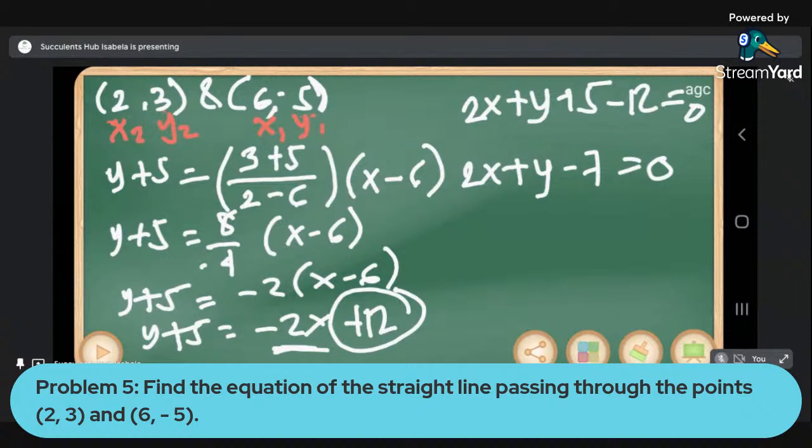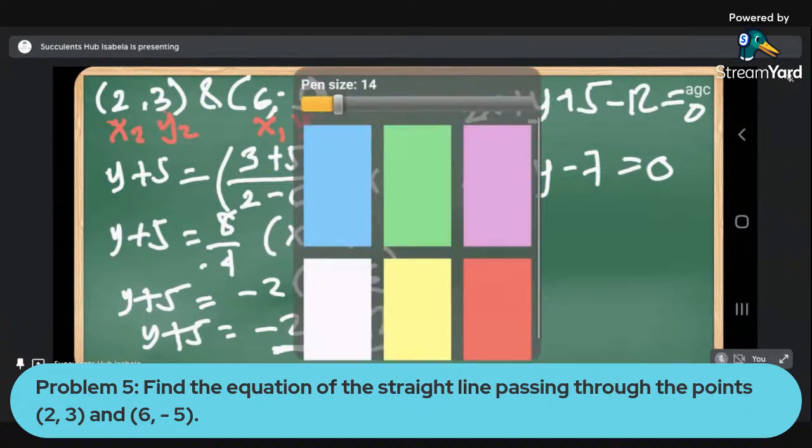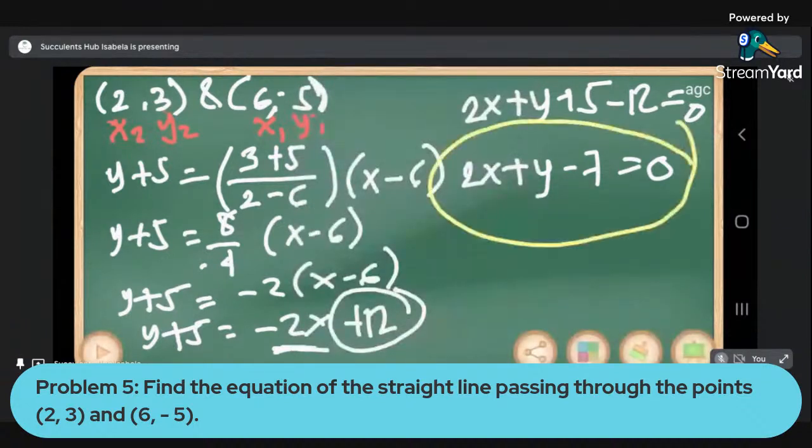Will you guys double check if you got the same answer? Paki-check nyo nga. Did you arrive at the same answer? Okay, so Unica said she got the same answer. Also, Jacqueline.